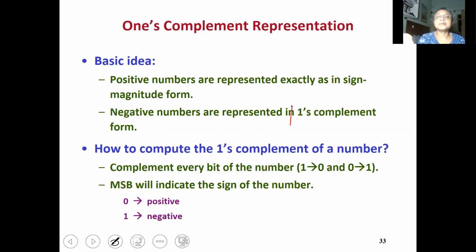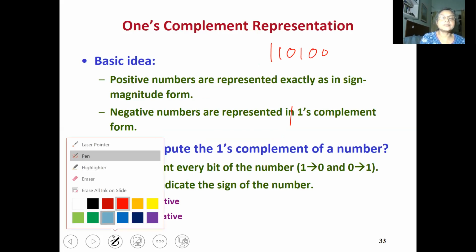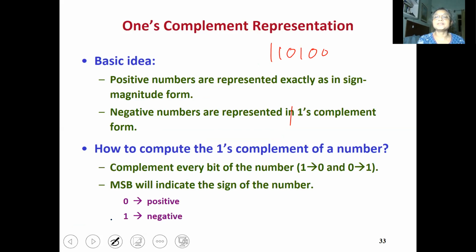If we have a number, let us say 1, 1, 0, 1, 0, 0, to find the 1's-complement, we find the complement of each bit. So to find the 1's-complement of a number, we must complement every bit. That is, 1 will become 0 and 0 will become 1.